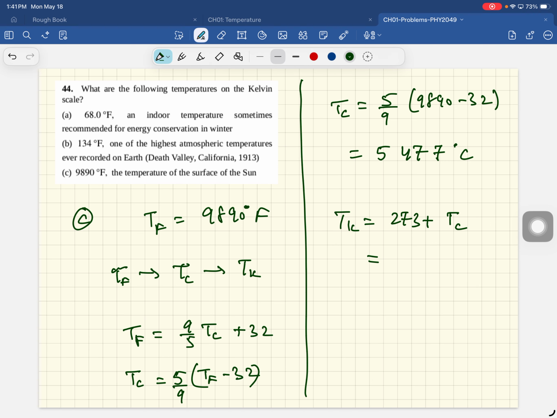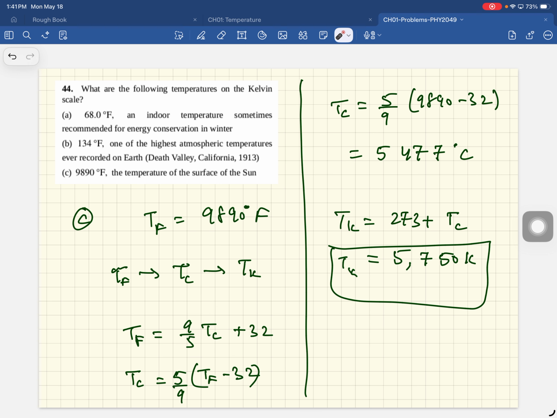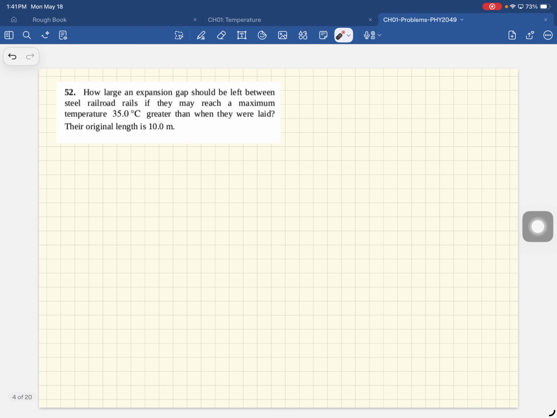So the increase in length would be, one kilometer is 10 to the 6 millimeters, not 10 to the 3, and 1 degree rise in temperature, about 3 inches.